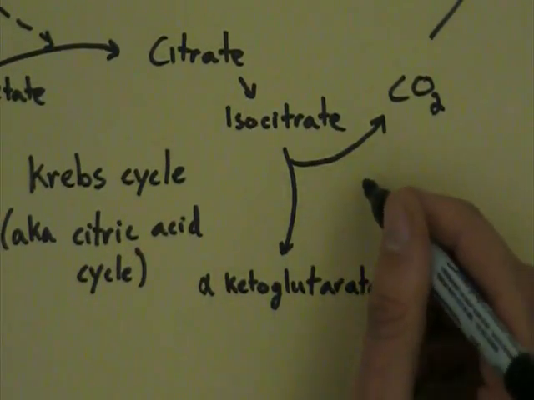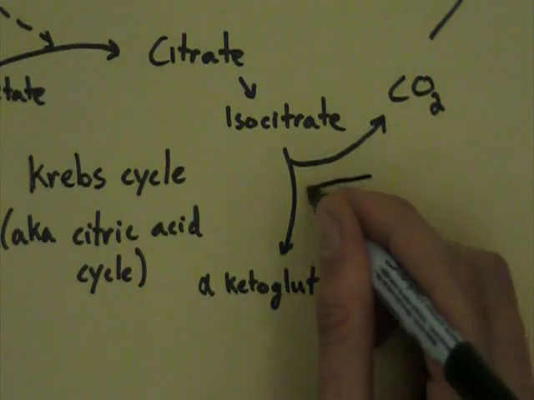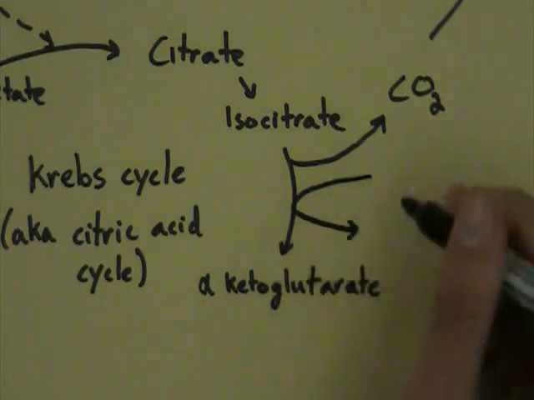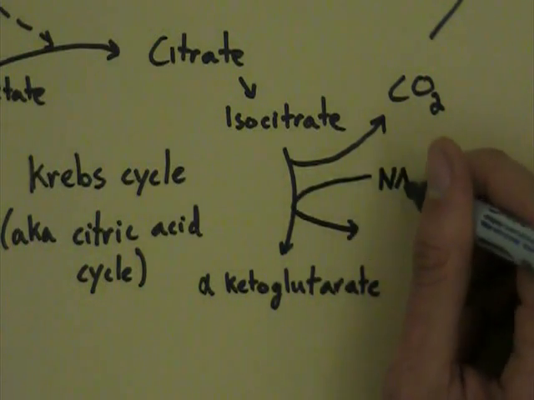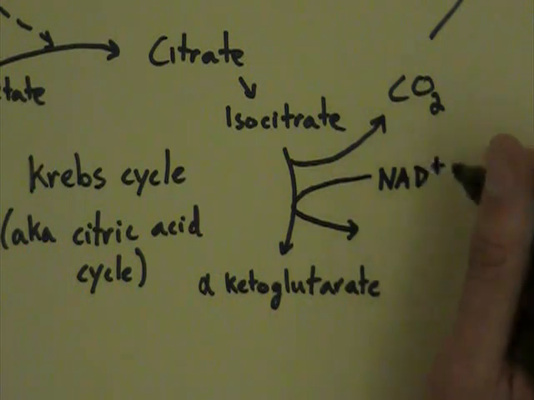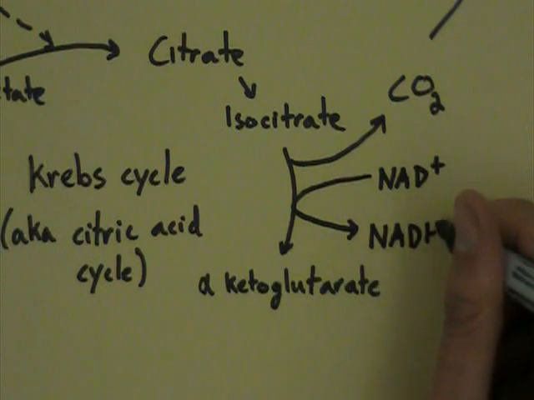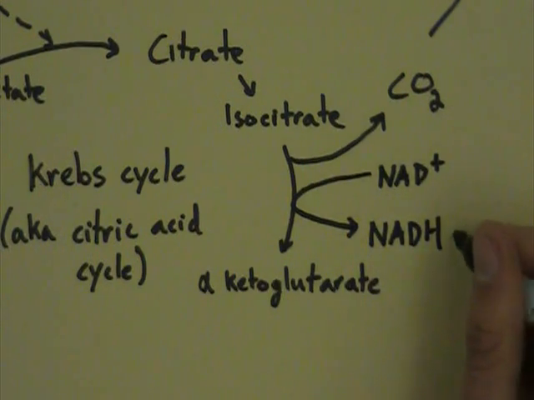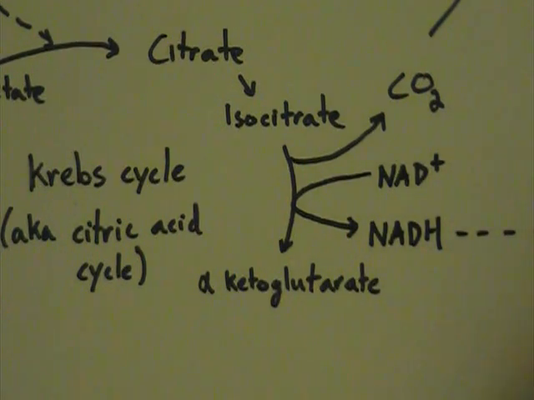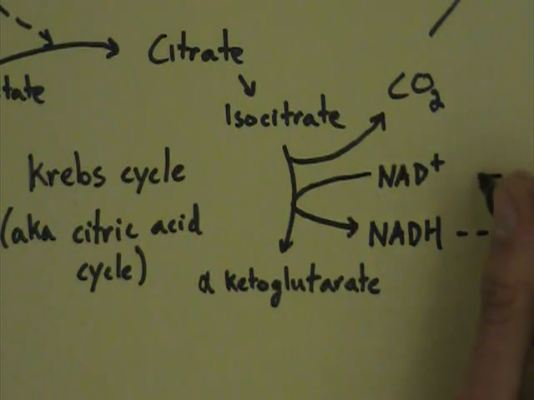As well as this, the electron carrier NAD plus is converted to NADH. This moves to the inner membrane, where it is used in the electron transport chain.